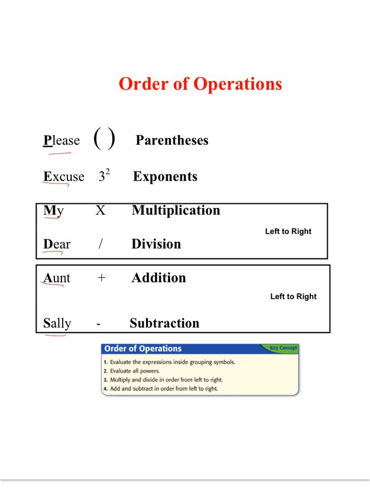So the P stands for parentheses, so we start with everything inside the parentheses. Then again, like I said, we move on to our E, our exponents. Then with multiplication and division, these ones we do in order from left to right. So we start with the multiplication or the division that's farthest to the left in our expression, and then we move to the right. And then same with addition and subtraction. We work left to right with that.